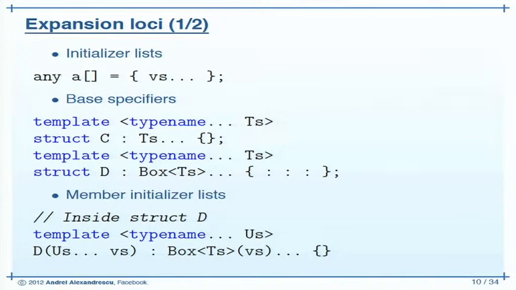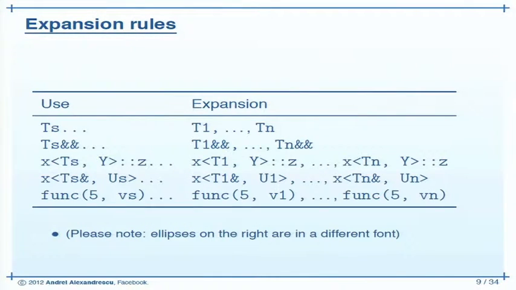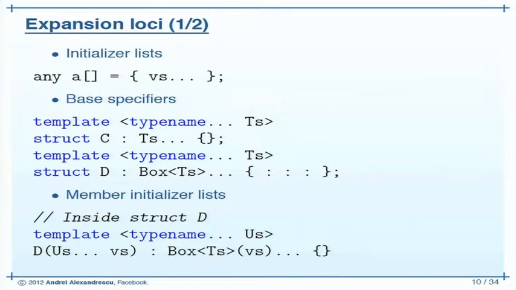You can actually say box of T's. Maybe you want to have some integers here, some primitive types that you cannot inherit, so you box them. So I'm going to inherit box T's dot, dot, dot. And per the expansion rules that we just discussed, this is going to expand nicely as expected. Right? All right.